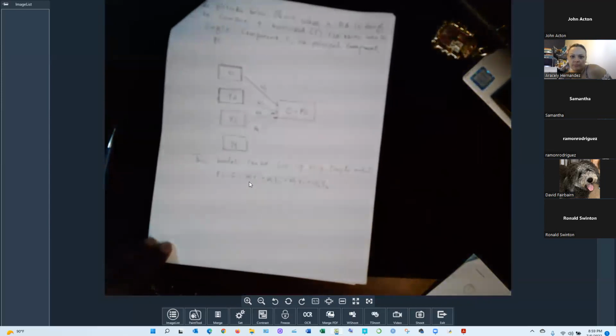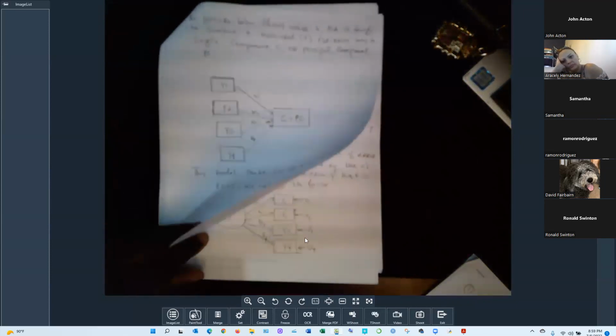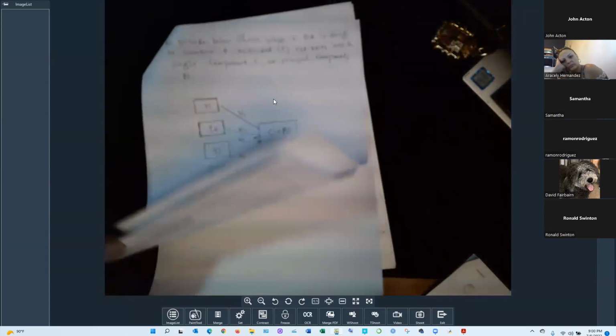Y1, Y2, Y3, Y4, I can write with the aid of factor analysis.